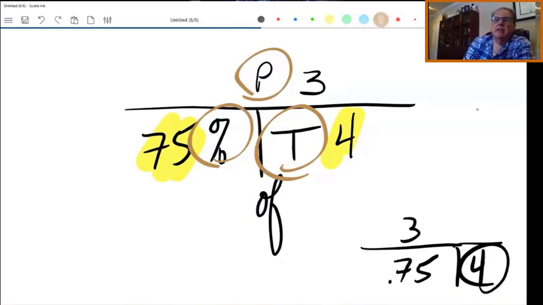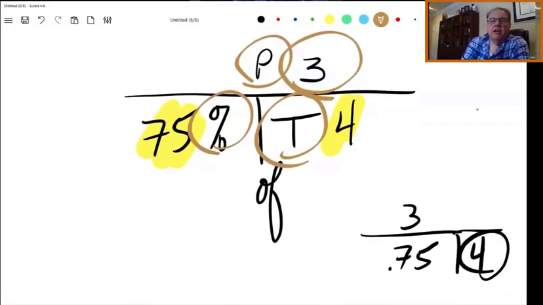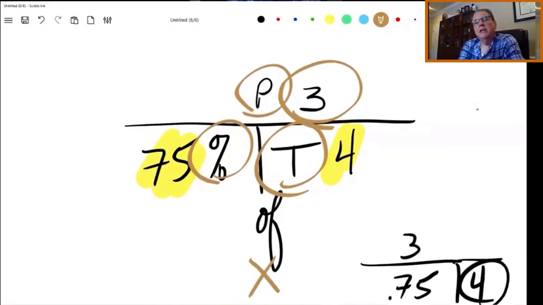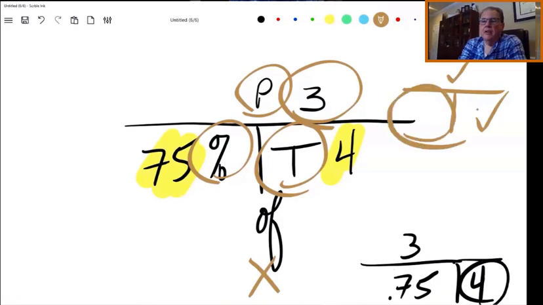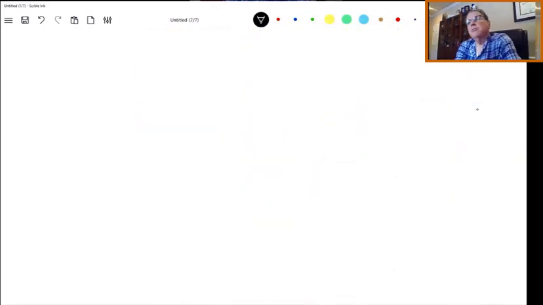How many did he sell? The part he sold is 3. Because you're going side to side, you're multiplying 0.75 times 4. If you've got a T and we give you 2 of the items, you can always get the missing 3rd item.